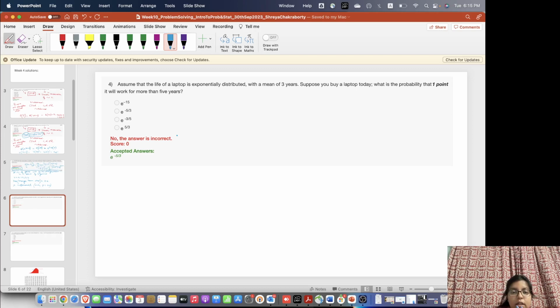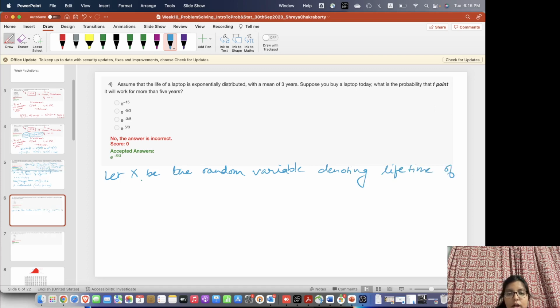Now, here let X be the random variable denoting lifetime of a randomly chosen laptop.